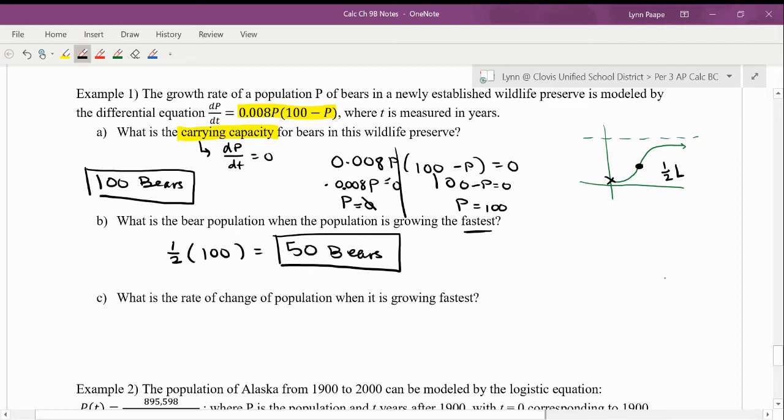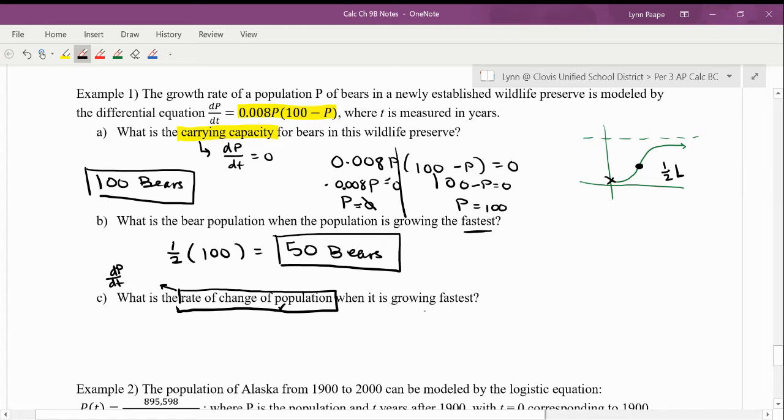Okay, so now they want to know the rate of change of the population. Whenever we hear that word rate, this is back from chapter 2, rate means d over dt, right? And here, population, so dp over dt. And we want to know when is that growing fastest.